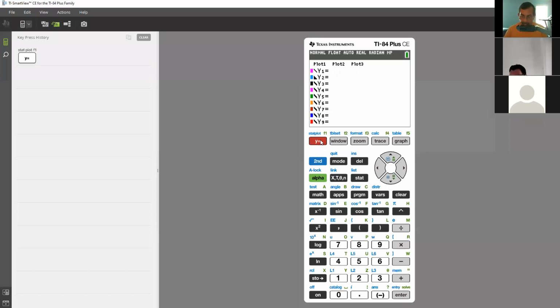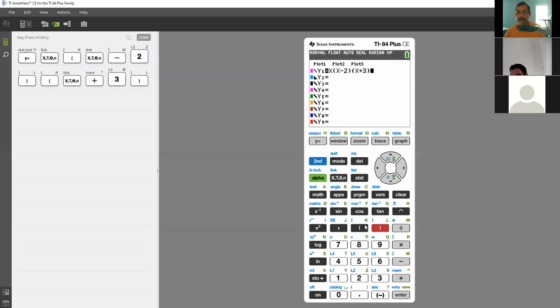I'm going to go to my Y equals, and I'm just going to punch it in like it looks. They have an X, and then parentheses, X minus 2. Next parentheses was an X plus 3. And then my last parentheses was an X minus 6.